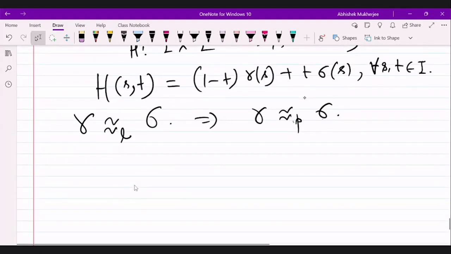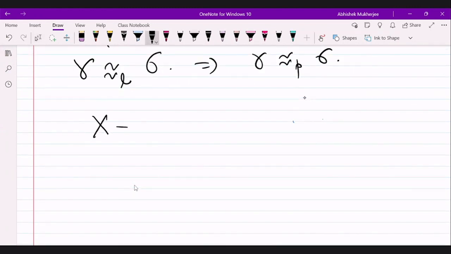Okay, great. You can also define straight line homotopy. Suppose you take any space X, any space, but you need to take the codomain space as being a topological vector space.